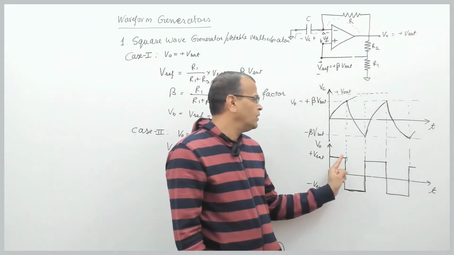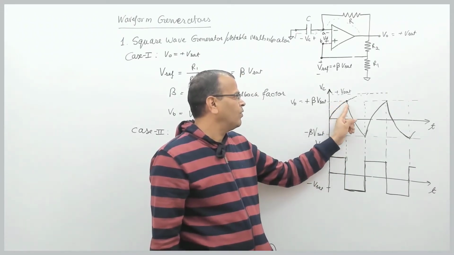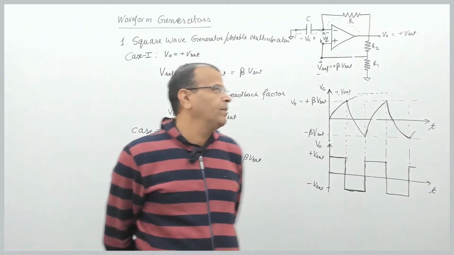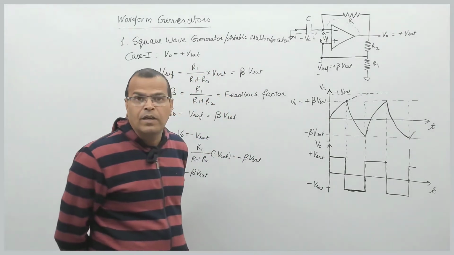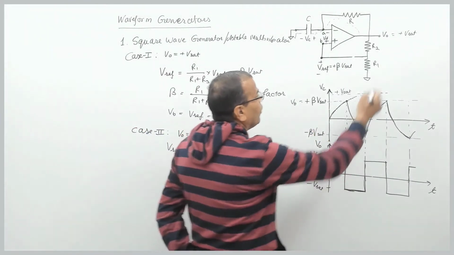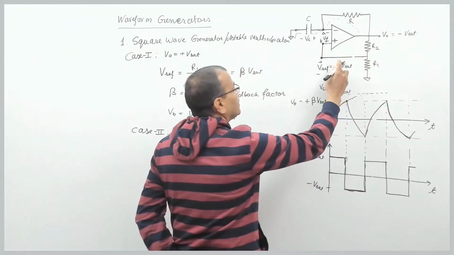So output is changing from plus Vset to minus Vset at this instant, and reference is changing from plus beta Vset to minus beta Vset. Fine. So now what will happen? Instantaneously output has changed from plus Vset to minus Vset.